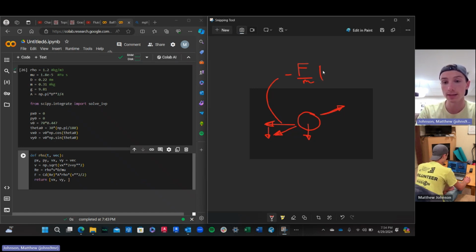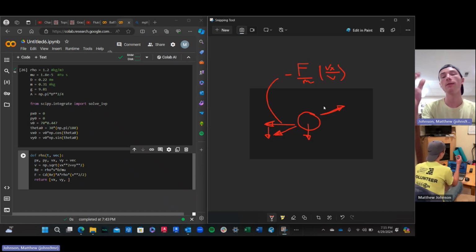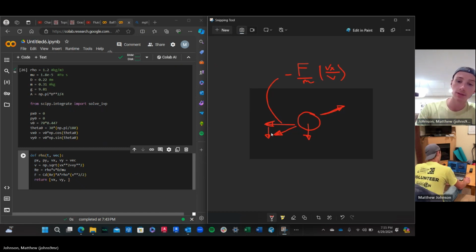So what that looks like then is Vx over V, right? The drag force on the ball is in the same direction but opposite as the velocity vector, right? So that's all we're doing here. This is equal to the acceleration in the x direction, okay?